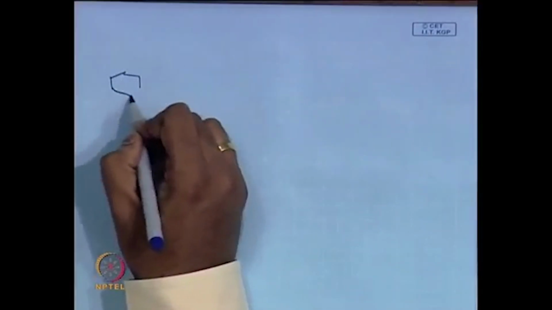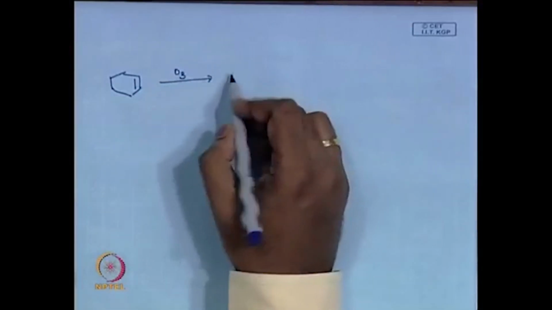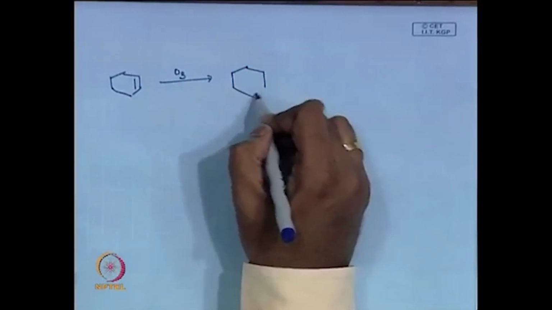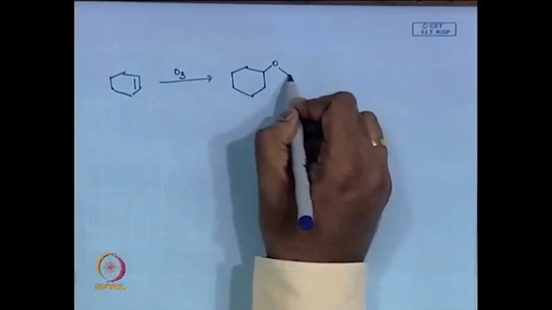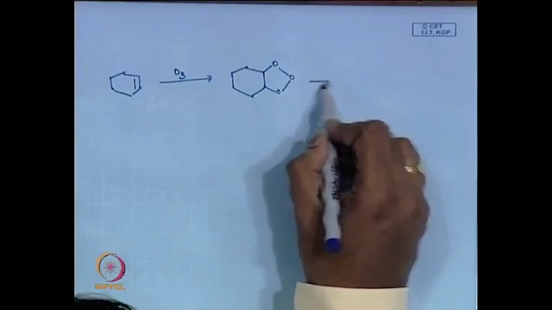You want to see the mechanism? How do you get that? It is simple: you have your system, you treat it with ozone, and you get your ozonide.